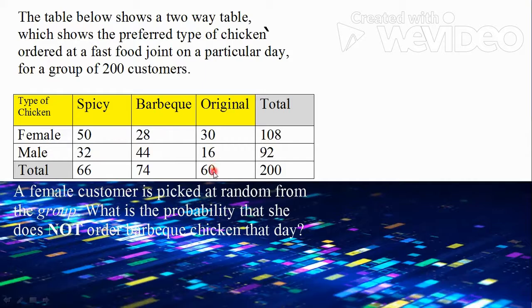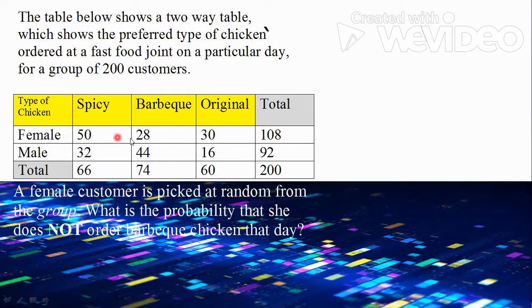So in other words, we're computing male and female. It's like we're computing 2 variables. Male and female go across, and types of chicken come down.